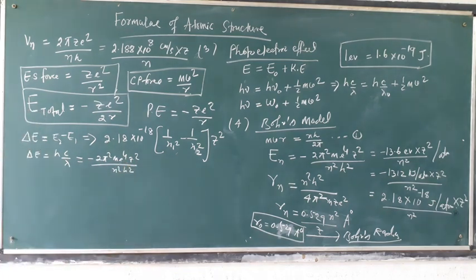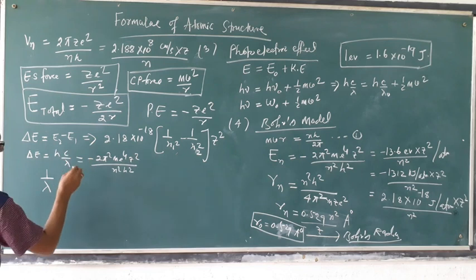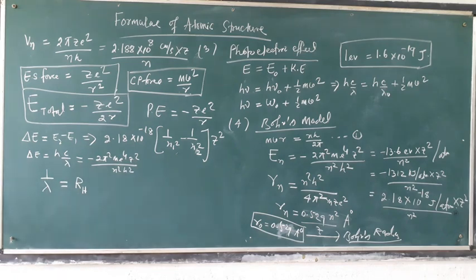If you apply this formula, 1 by lambda will be RH. What is this RH? I will tell you. What is the value of RH? 1 by lambda is equal to del E by hc.